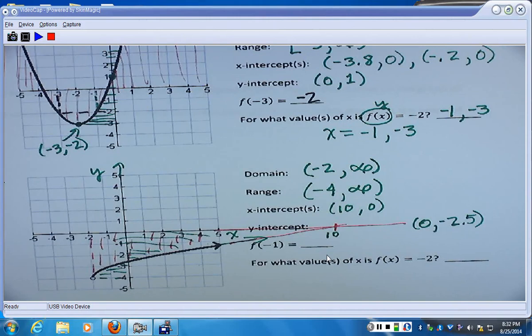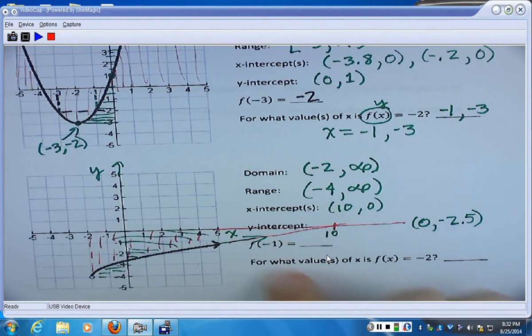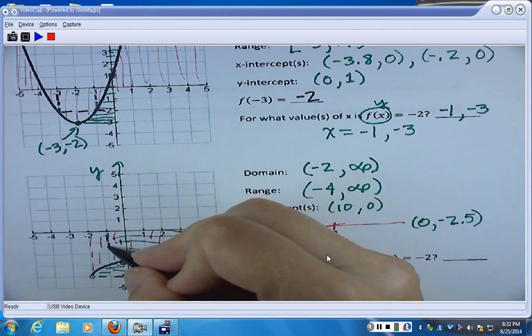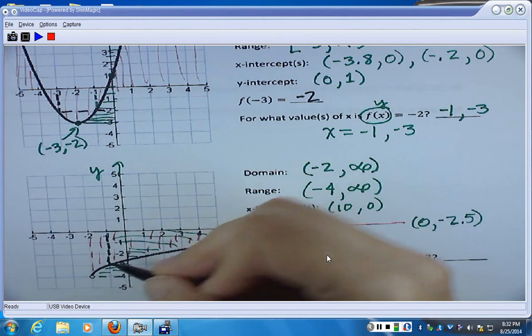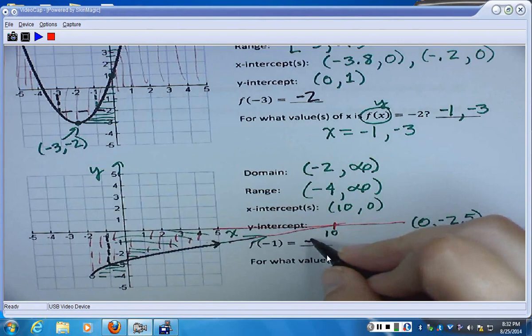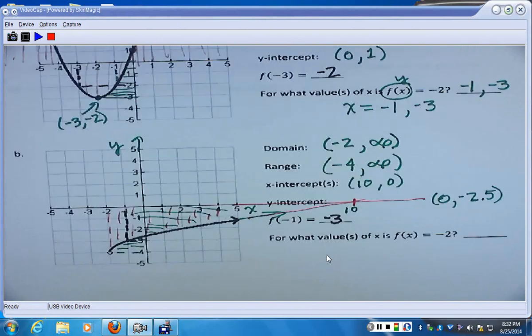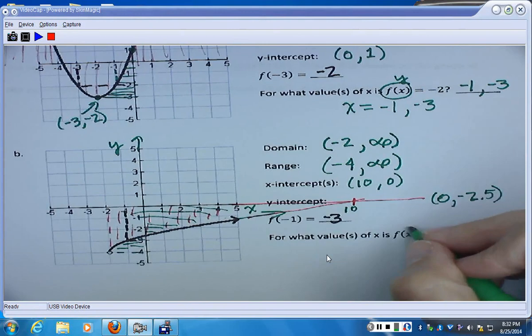All right. Now f of -1. So when x is -1, what is y? -3. For what values of x is f of x equal to -2?